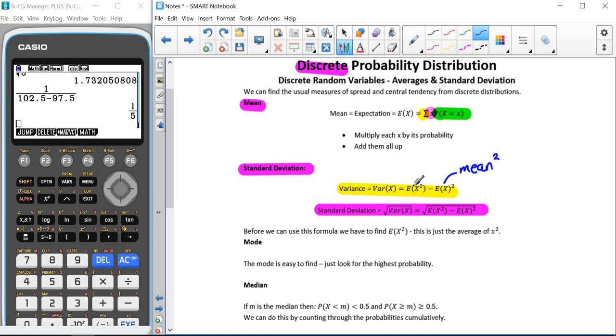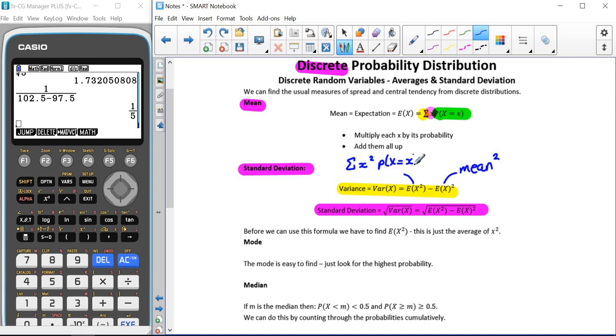squared, and we have this E of X squared. Now to find the E of X squared, when it's like this, not E of X all squared, we're going to have to do the sum of x squared times the probability of X equaling x.